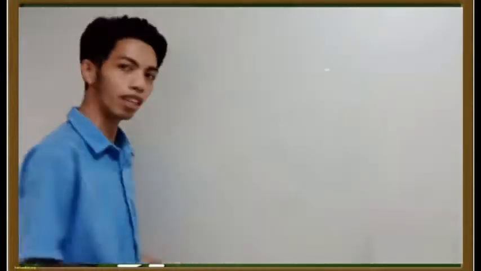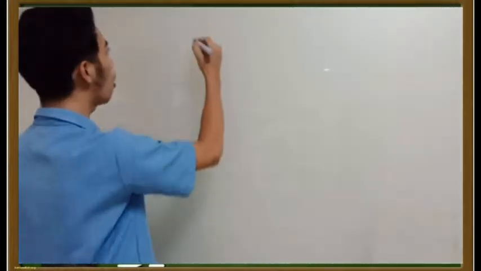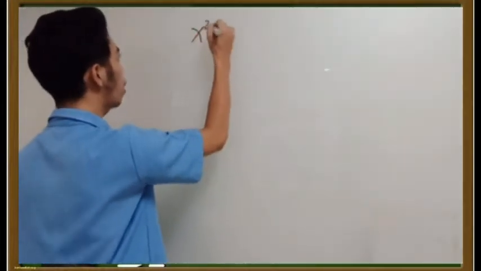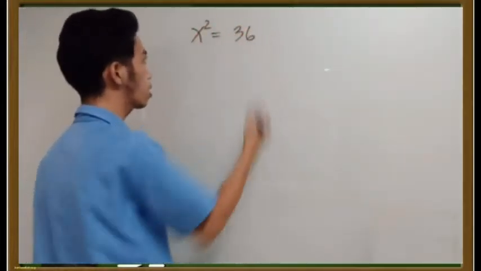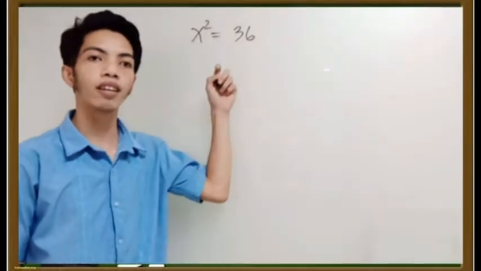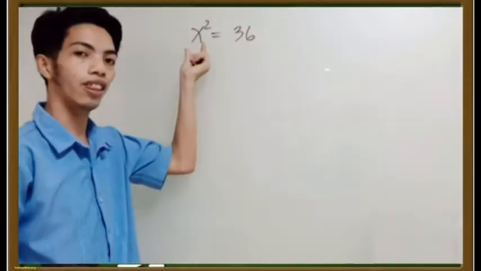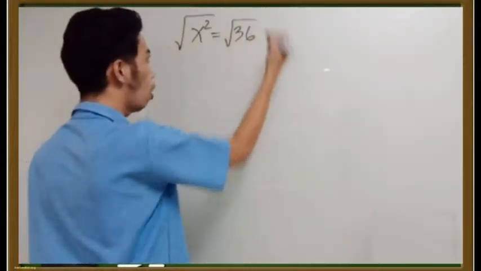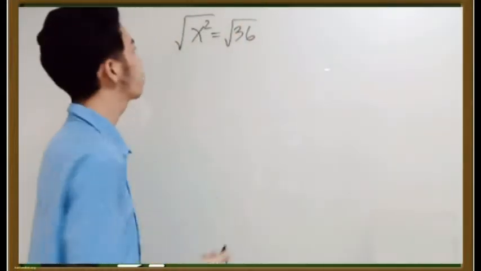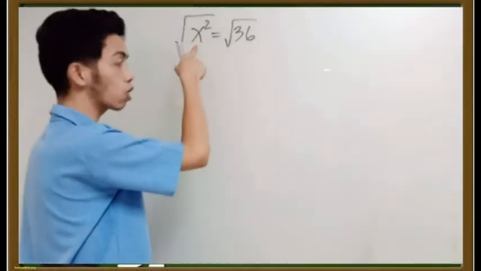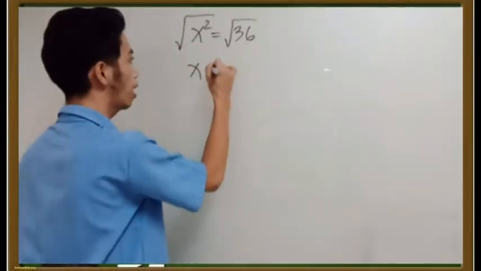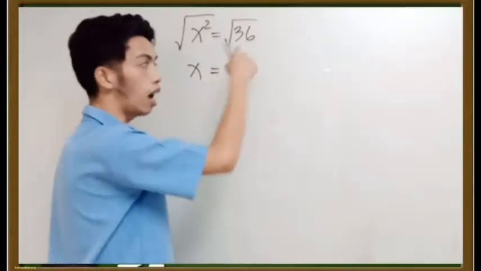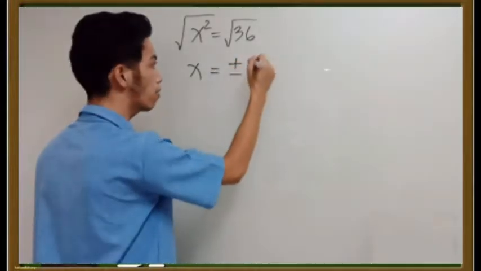It is said that in solving a quadratic equation gamit yung extracting the square root, if we have an example of x squared equals 36, to find the value of x, I'm going to find the square root of both sides of the equation. So that is the square root of x squared, that is x. And the square root of 36 will give us positive or negative 6.